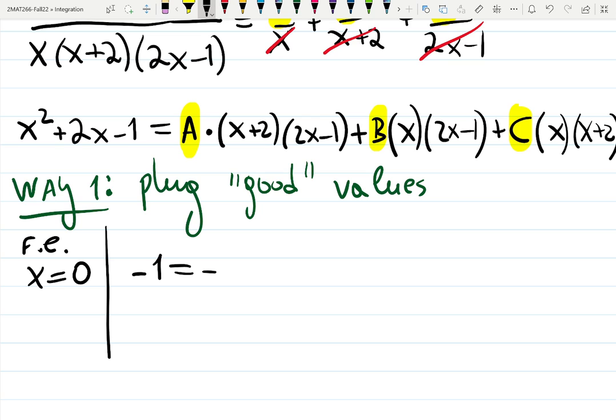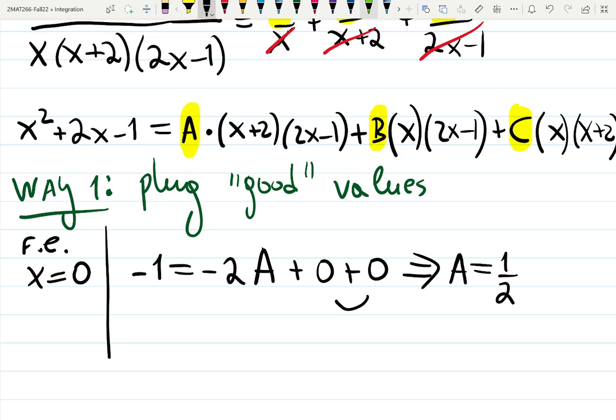So does it make sense? Minus 2a. Let me know if that's not correct. Plus 0 plus 0. From this, you can right away solve for a. A is what? 1/2.